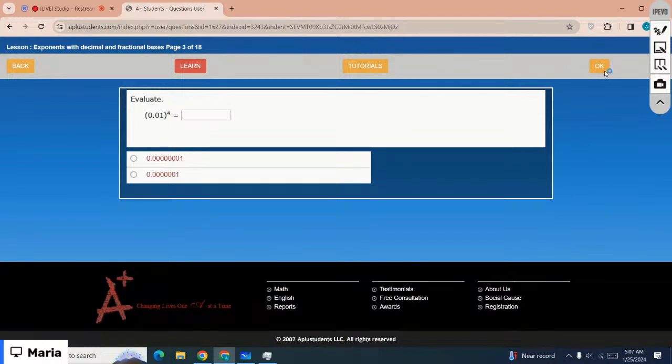The next one is evaluate 0.01 exponent 4.